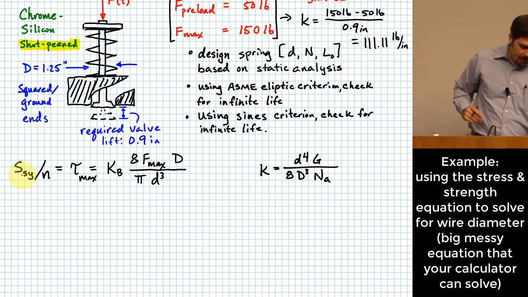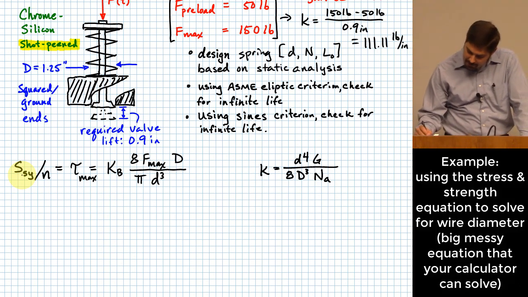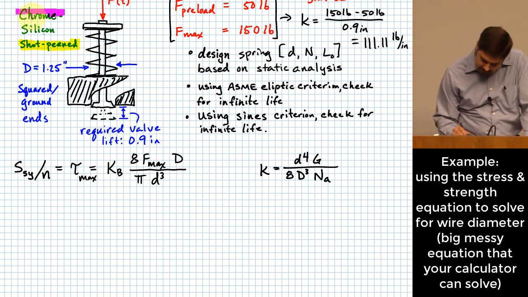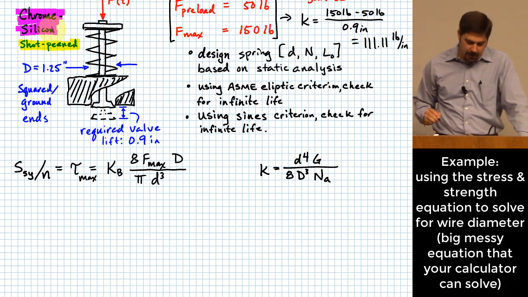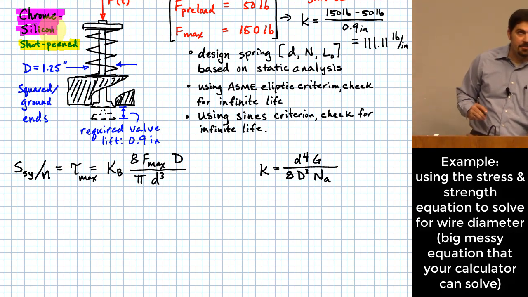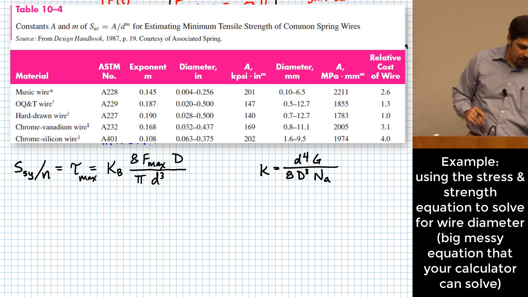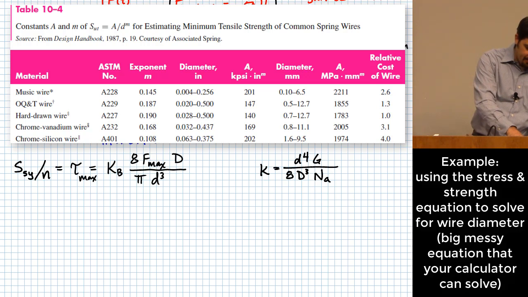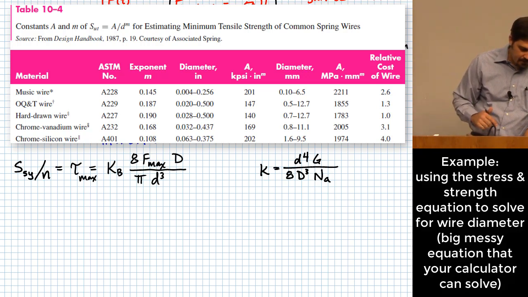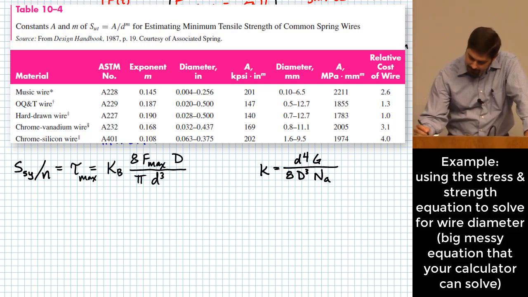And so to find that ultimate strength, we look at what kind of material we're dealing with. The material is this chrome silicon, okay? And so in table 10.4, you find chrome silicon wire, and it gives you some suggestions for an exponent and a constant value there that will allow you to solve for the ultimate stress or ultimate strength, okay? And so anyway, the A value it gives there is 202, and that'll yield a value in KSI.